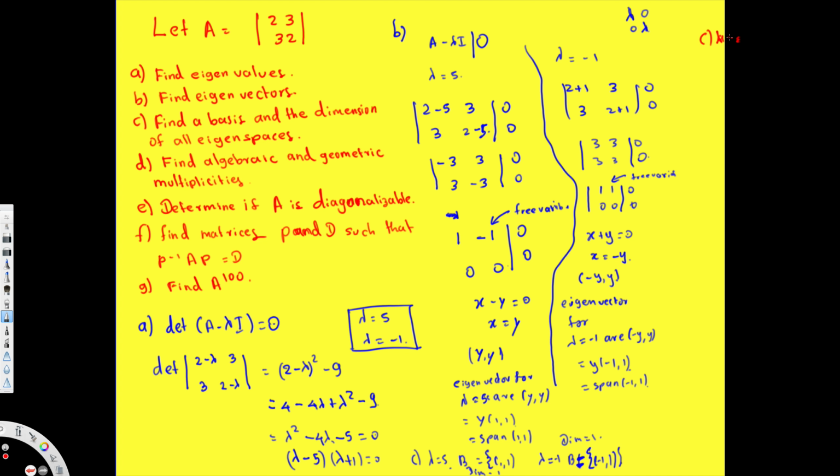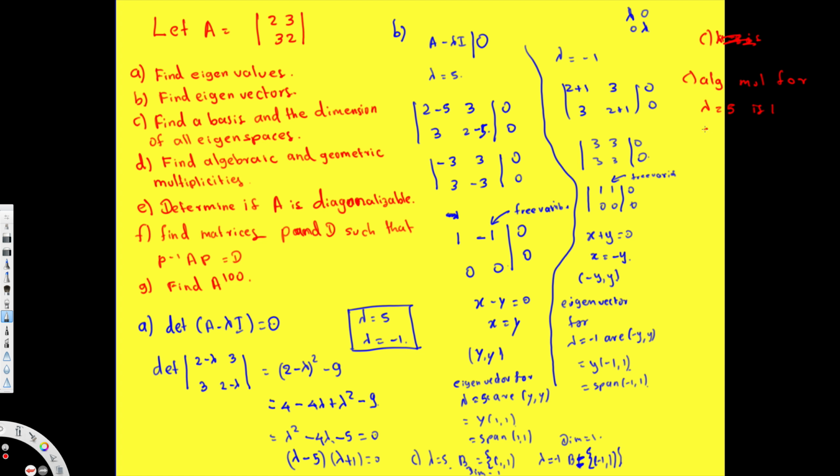Therefore, the algebraic multiplicity for lambda equal to 5 is 1. And you can also say the geometric multiplicity depends on the dimension. If you have dimension 1, the geometric multiplicity is just 1.